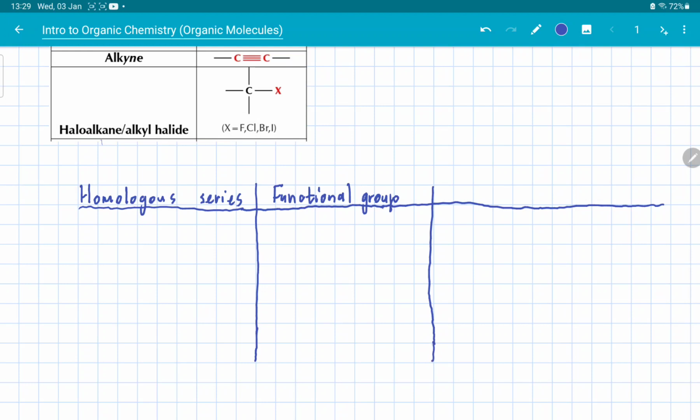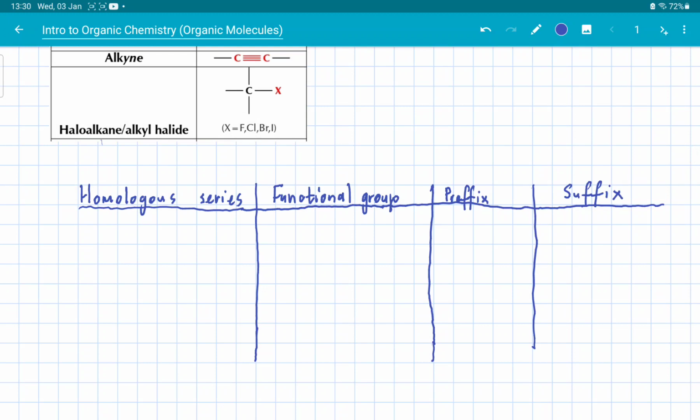And then we have a way of naming our homologous series, because we will have a prefix, the first part in a name, and then we will have a suffix.